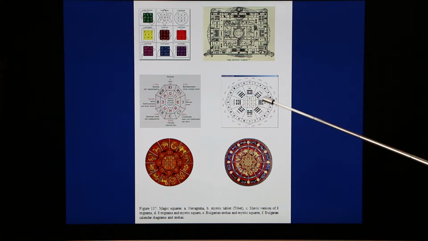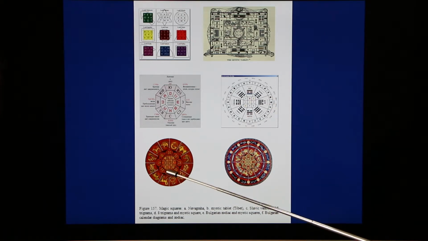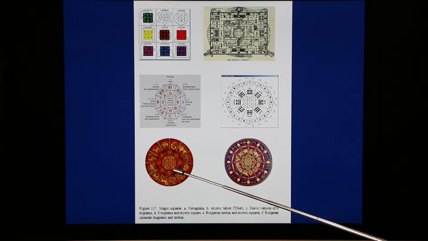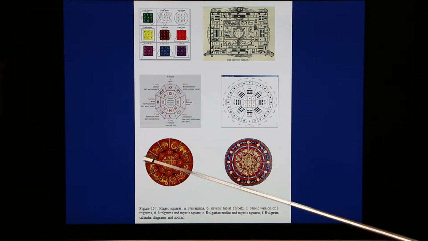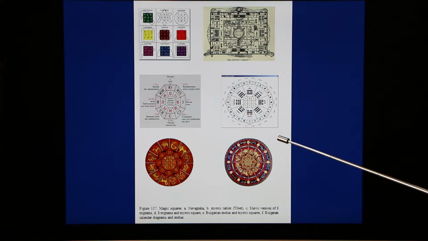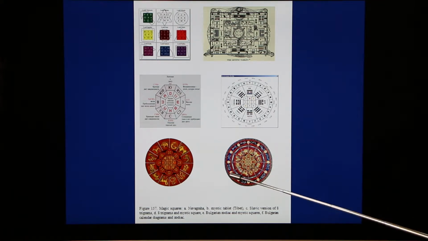But if you look in the center, what do we have? A magic square again. And here we have a Bulgarian calendar, a magic square here, and the signs of the zodiac above. And here is a more complicated case, which also has stars around here.